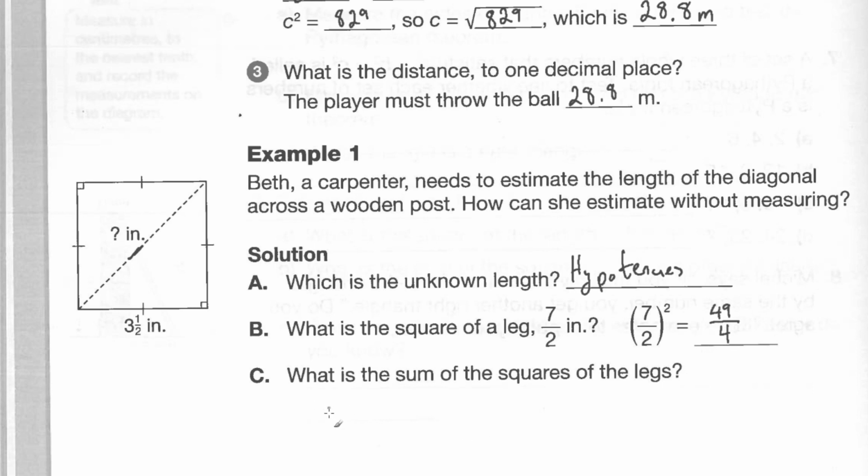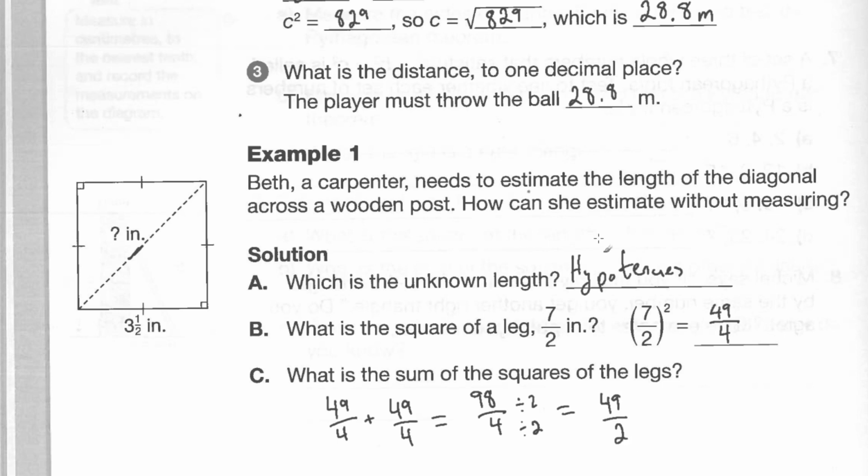What is the sum of the squares of the legs? Well, I have 49 over 4 plus 49 over 4, which is going to equal 98 over 4, but I can divide both of those by 2, and it actually turns out that it is 49 over 2.